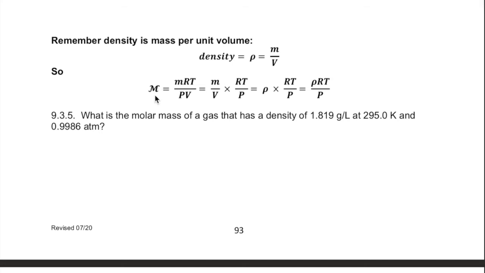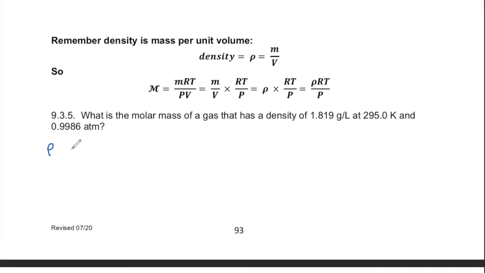So again, if you have the molar mass that you're trying to solve for, you could figure out the number of moles that are in your sample and figure out the molar mass that way. Or you can plug it into this equation: the density is mass over volume. So if you replace mass over volume with density, then the density times R times T over P would also give you the molar mass.